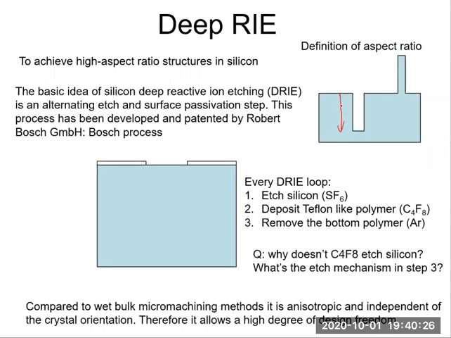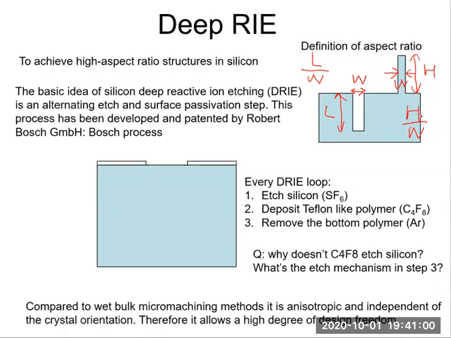The aspect ratio is the ratio of L over W, the vertical dimension over the lateral dimension. This is a height, you can call this H, and its width is W, so H over W. That's the aspect ratio.